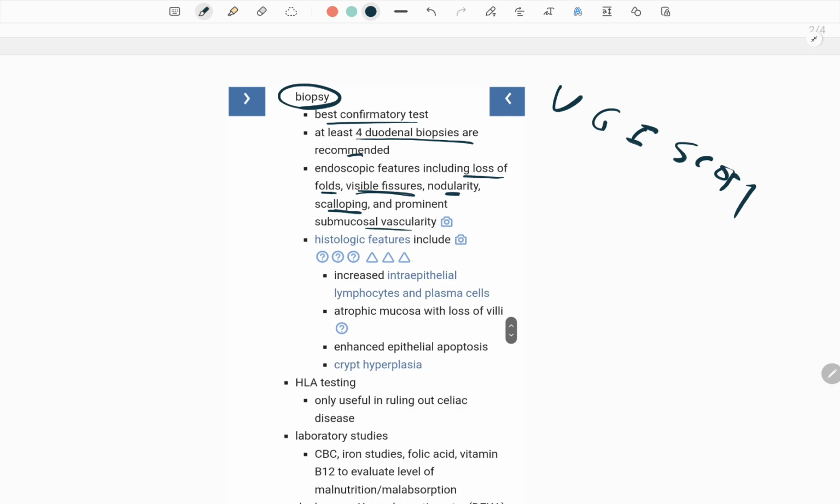Histology, as we talked about, shows increased intraepithelial lymphocytes and plasma cells, atrophic mucosa with loss of villi, increased epithelial apoptosis, and crypt hyperplasia.